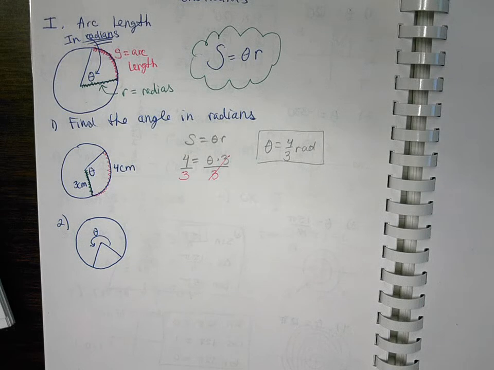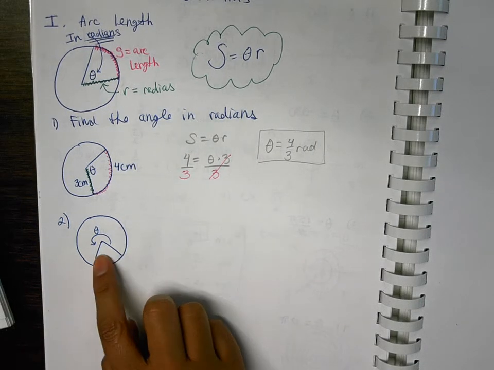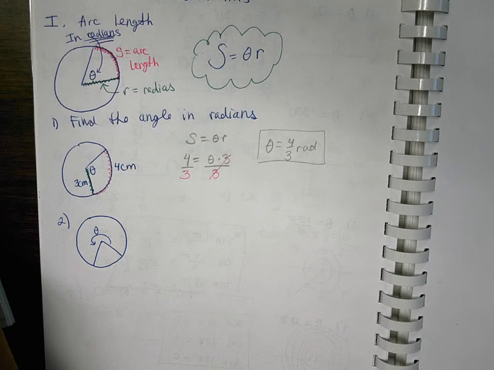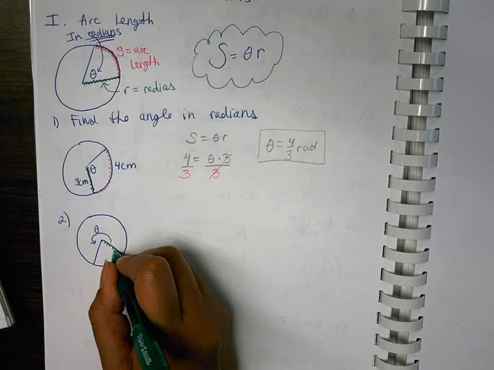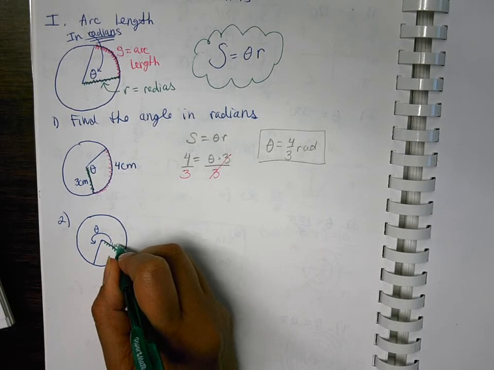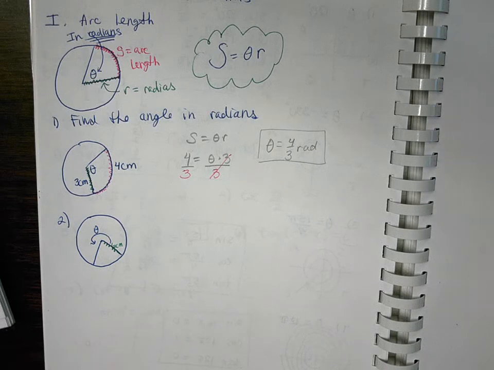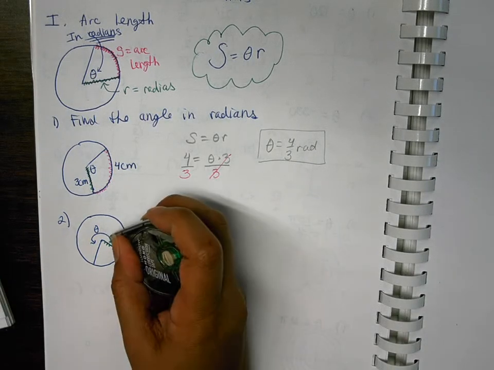Theta is the bigger angle on the back side, on the outside, not this little tiny one in here. Your radius is 6 centimeters. It's kind of sloppy.